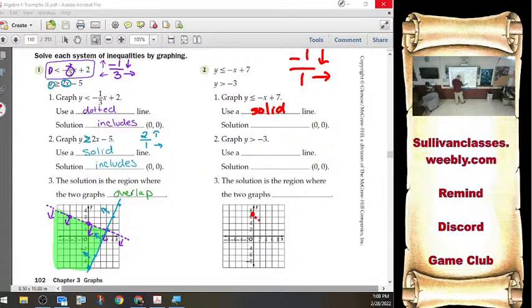Down 1, right 1, down 1, right 1. It's on all of these or halfway through the line. Okay. It's a solid line going through there. And if I put 0, 0 in there, 0 is less than 7. So it includes the point. I'm going to shade towards it.